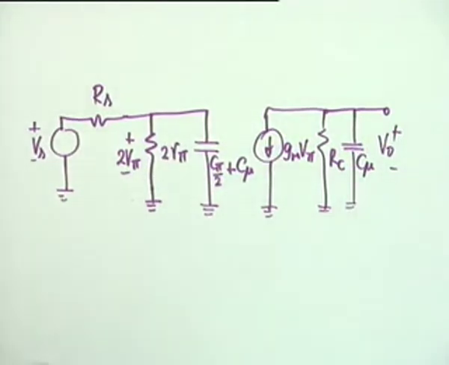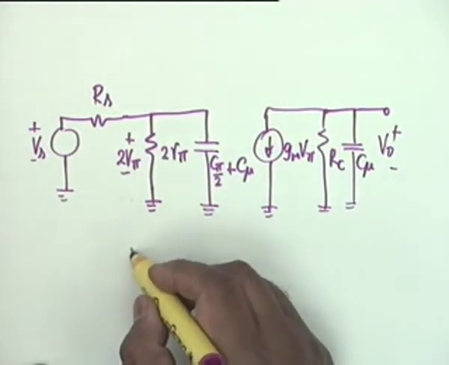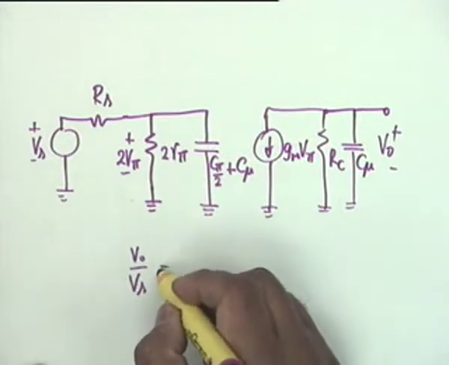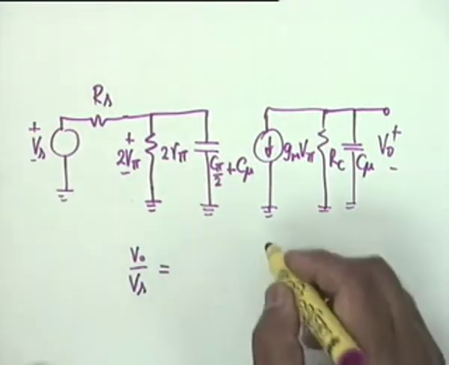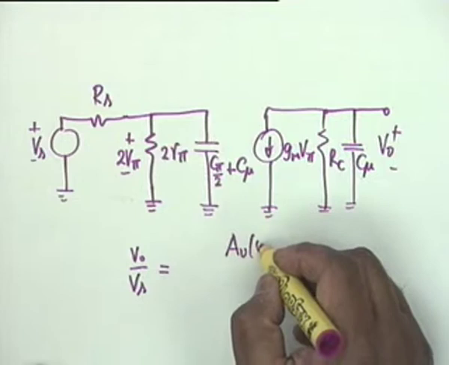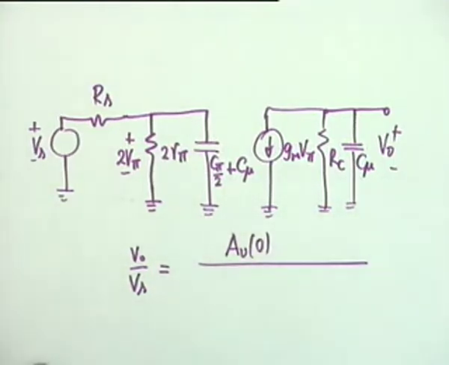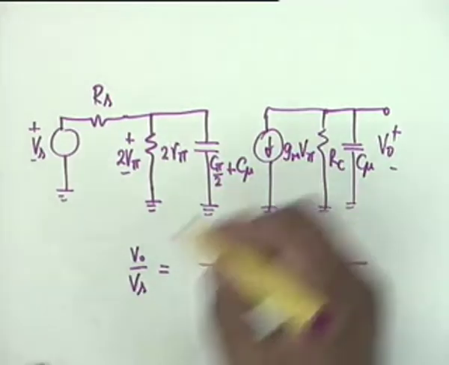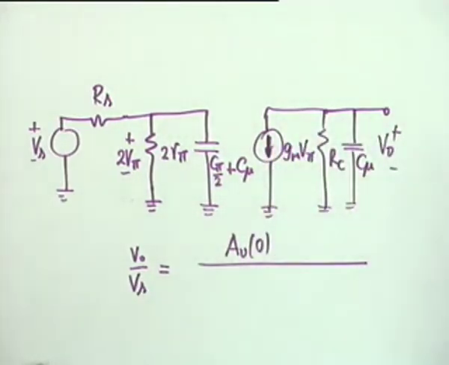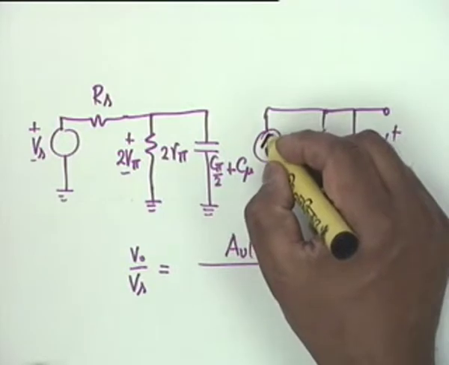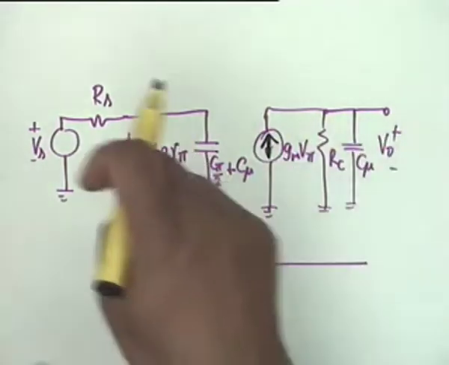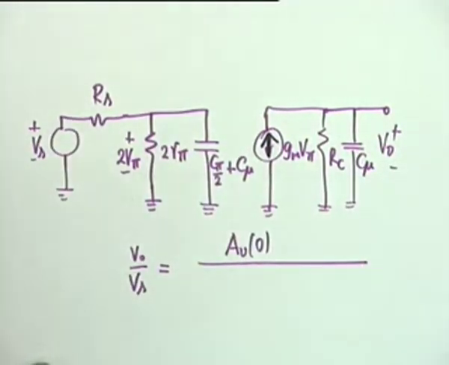By simply looking at it, we could derive the result that V0 by Vs is the mid-band gain, let us call it AV0, divided by... the direction of gm V pi is opposite. Yes, thank you so much. In other words, V0 and Vs shall now be in phase with each other.